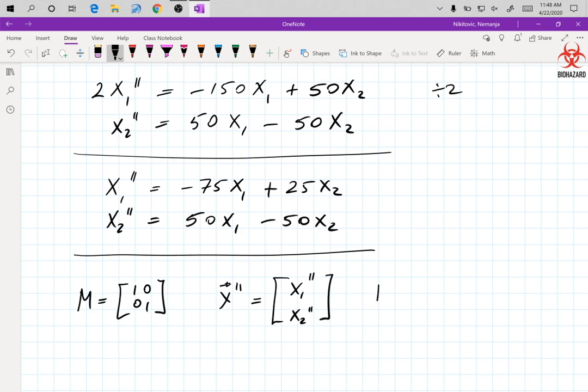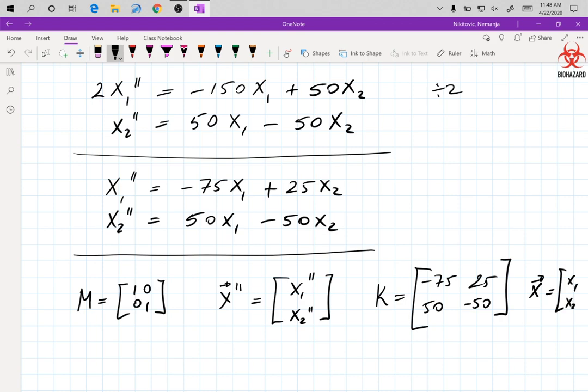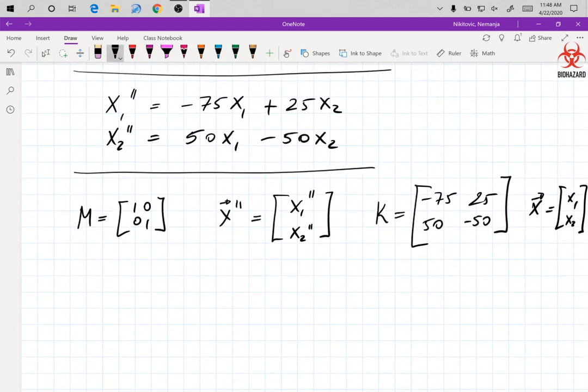Then you have your matrix K, which is negative 75, 25, 50, and negative 50. And you have your vector x, x1 and x2. Woohoo! So all of the good stuff that you are used to. Now, this happens to be A immediately.